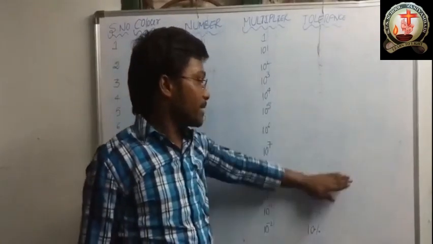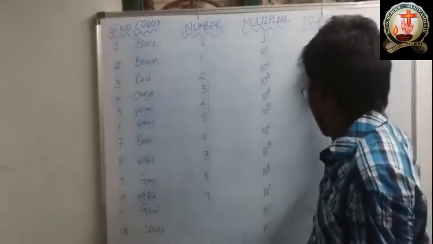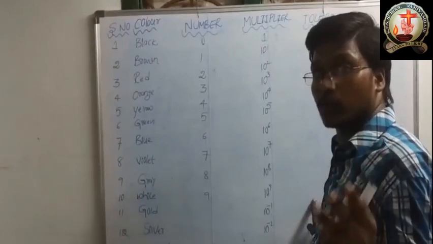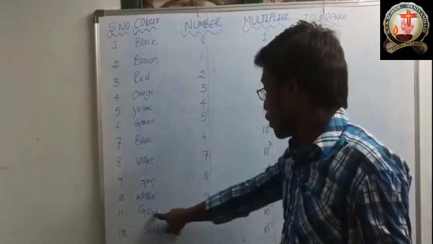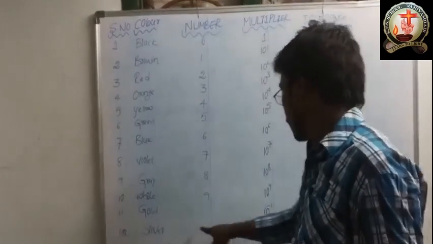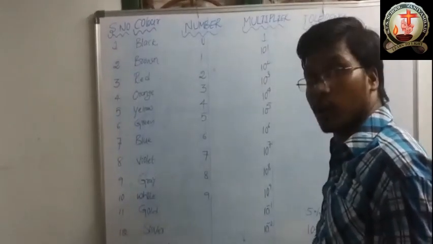But all the colors do not have tolerance. Only 3 have a tolerance value. What is that? Gold tolerance is 5%, silver tolerance is 10%, colorless tolerance is 20%.